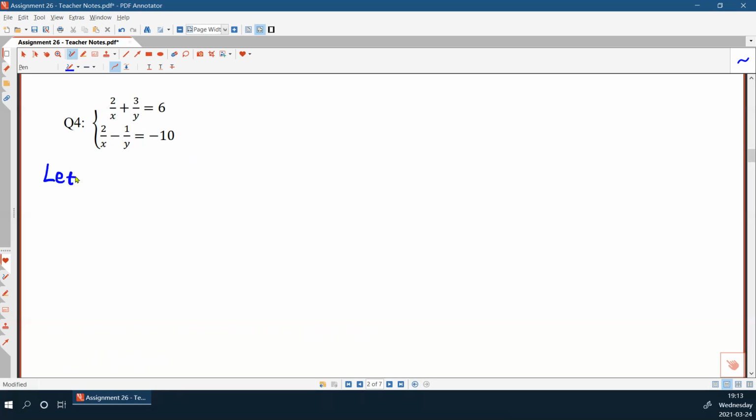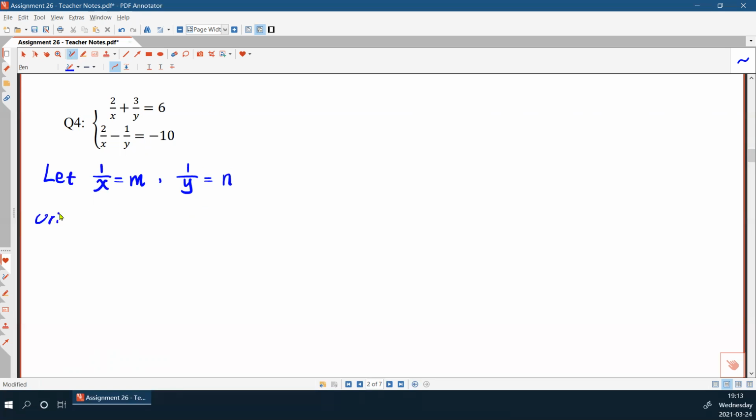So first of all, let's use the letter m to substitute the reciprocal of x, and 1 over y is denoted by n, right?